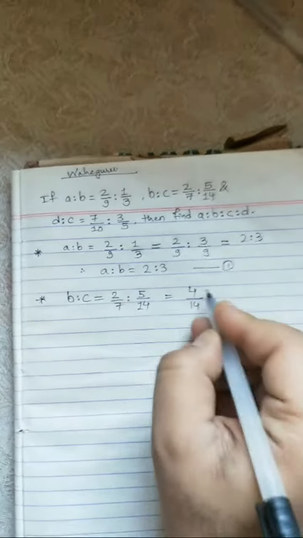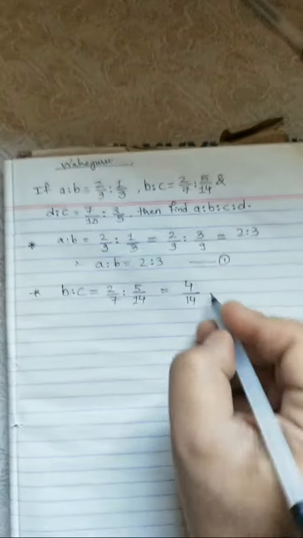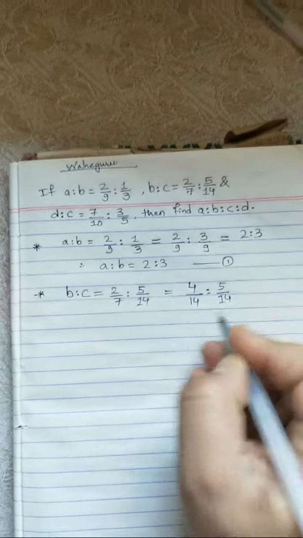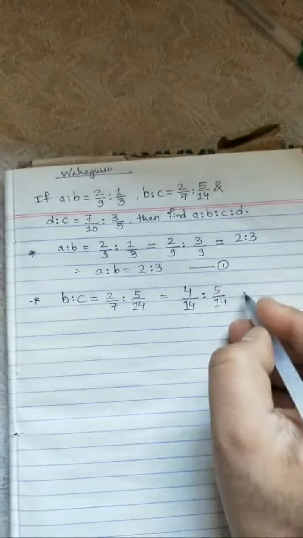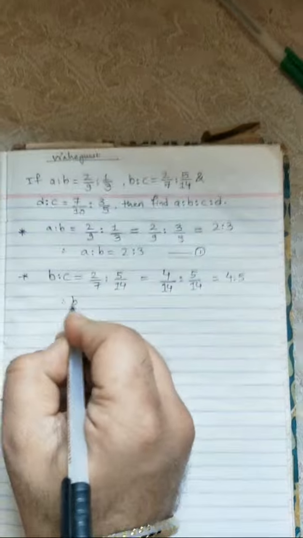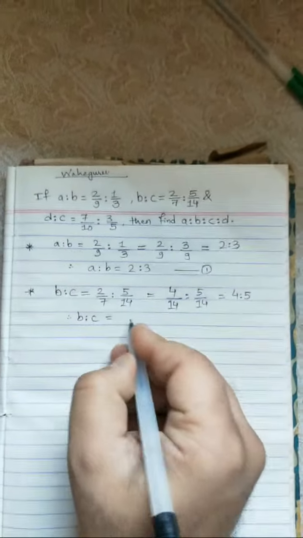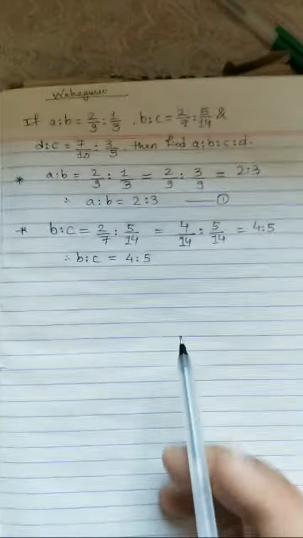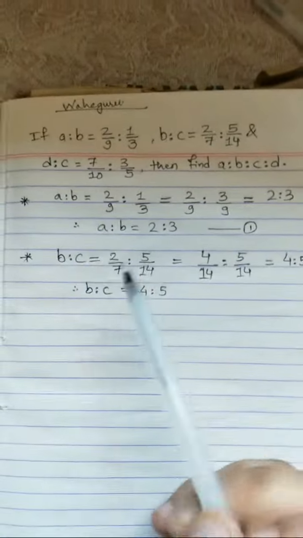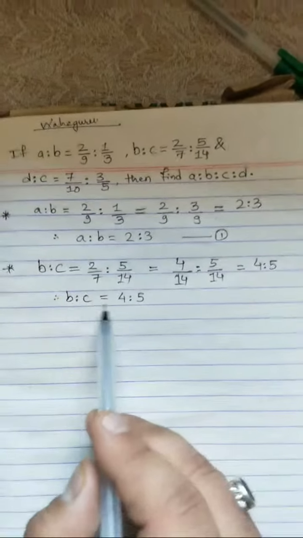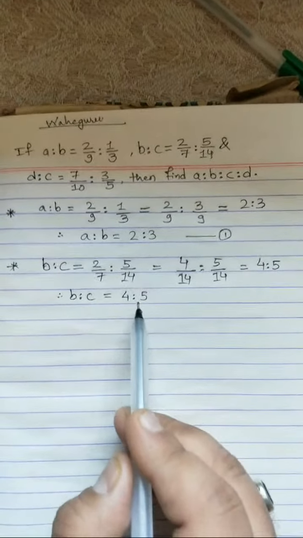So 2/7 actually is 4/14 is to 5/14. So ultimately it would become 4 is to 5. So B is to C is 4 is to 5.